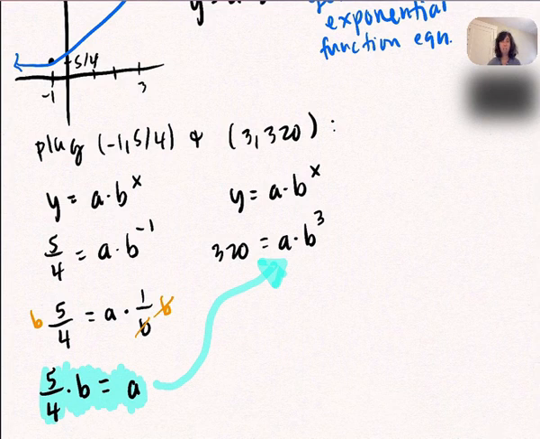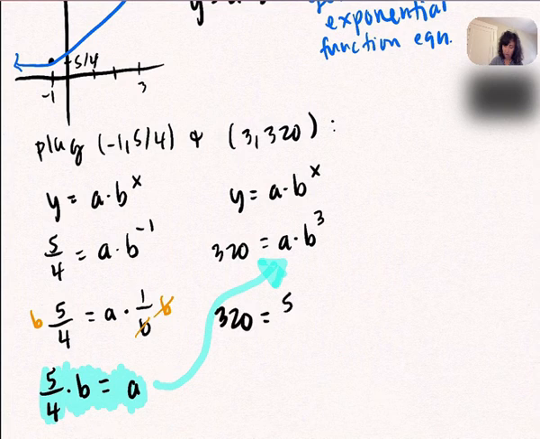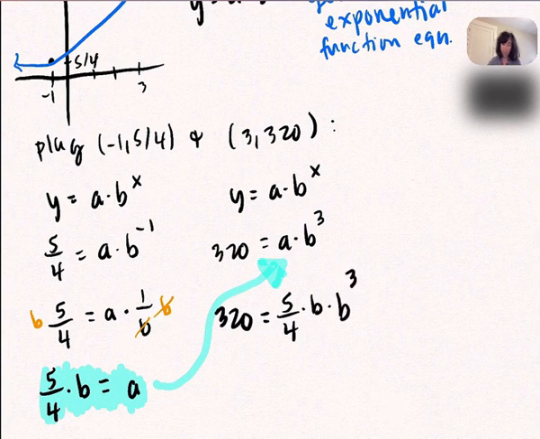So if I plug it into the a for my other equation, I end up getting 320 equals 5/4 times b to the 3. In other words, if I solve for a in my left-hand equation and then plug it into the right-hand equation, I get a new equation that only has b in it. Just b, and that's it.